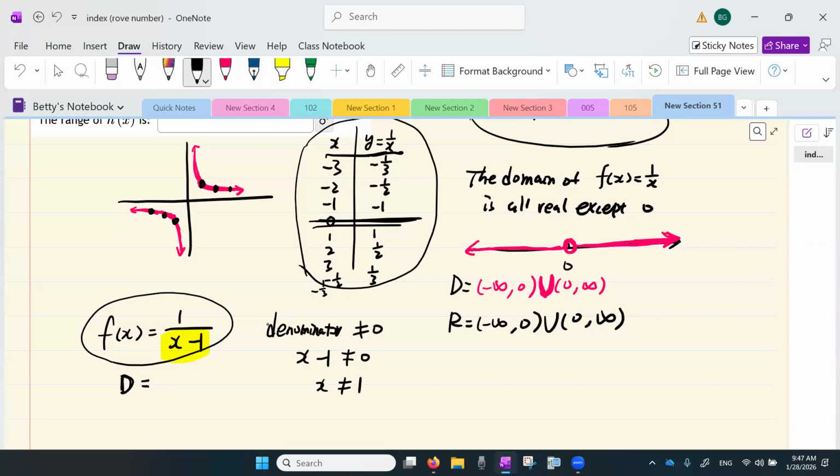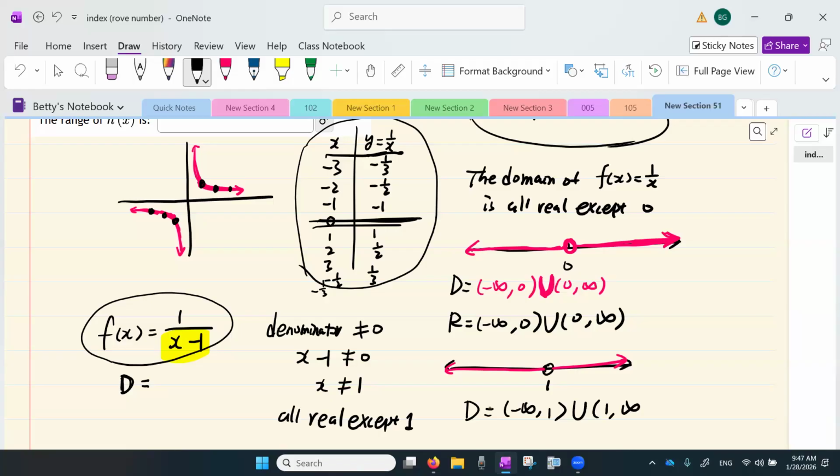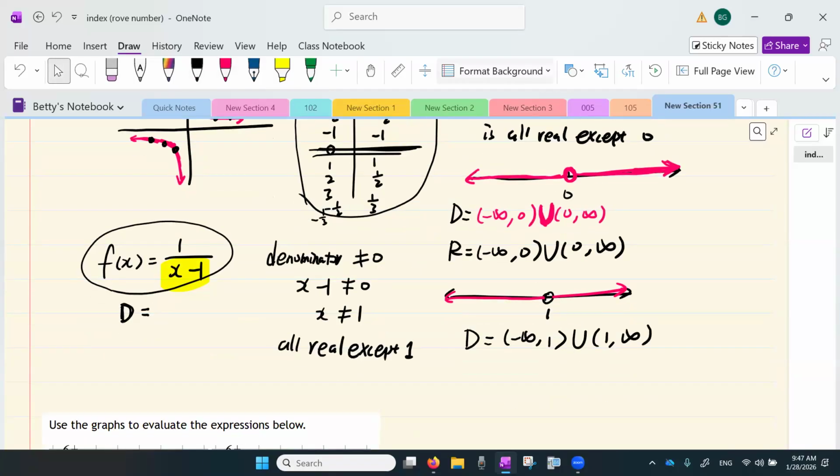So the domain of this function is all real except 1. In the real number line, we exclude 1. The interval notation for the domain is -infinity to 1, open, union 1 to +infinity.